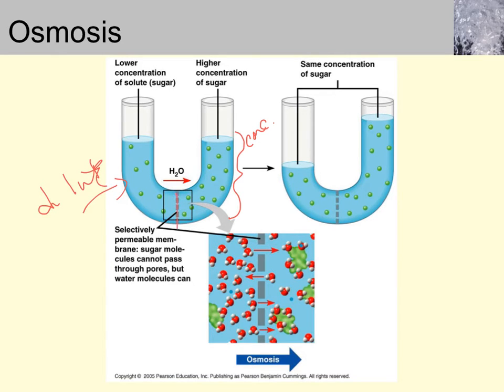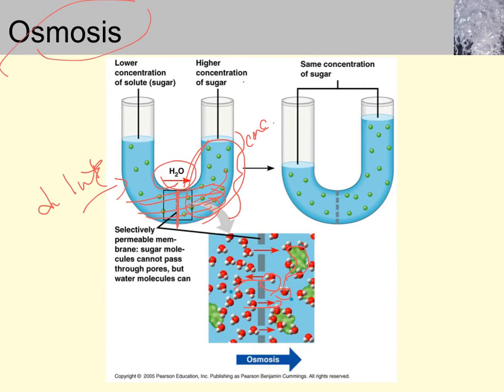Now the semi-permeable membrane has pores or little microscopic holes in it that are only large enough to let solvent molecules like water flow through it. Okay, they're not large enough to let solute particle molecules flow through it. So the only way to get the concentrated side more dilute, since the solute molecules can't move back and forth, is to allow the small solvent H2O molecules to start moving into the concentrated side to dilute it.